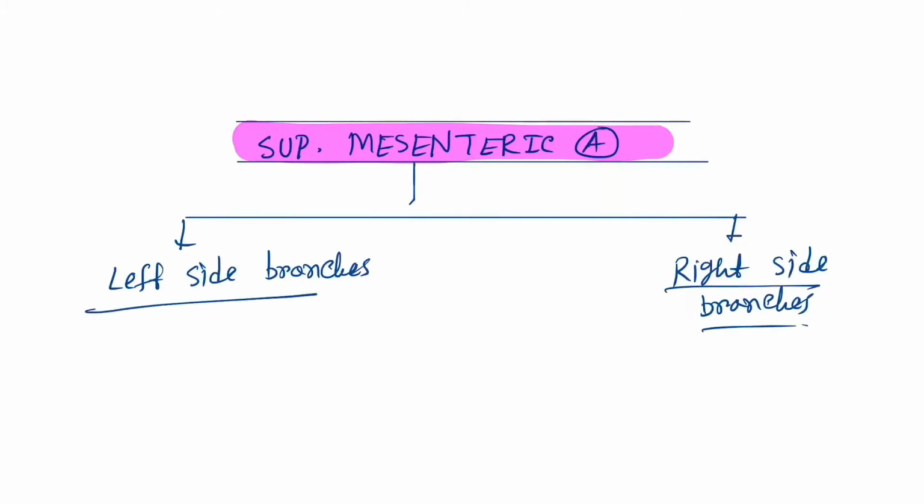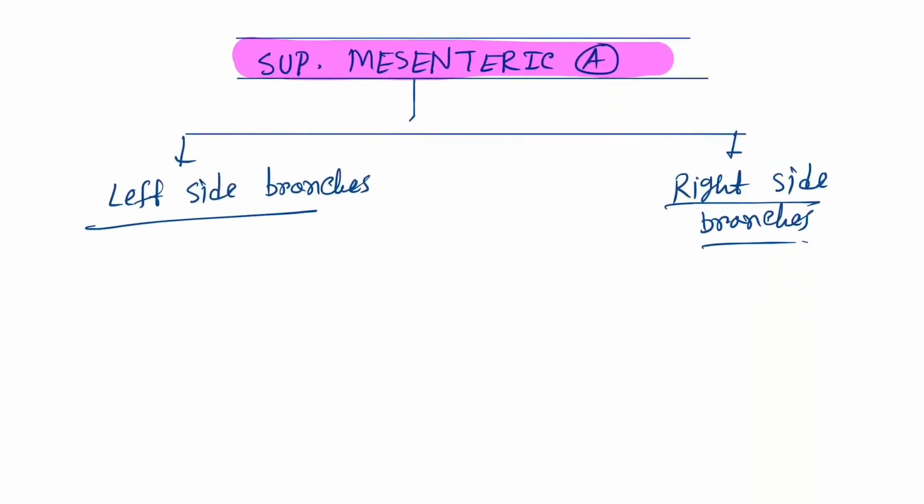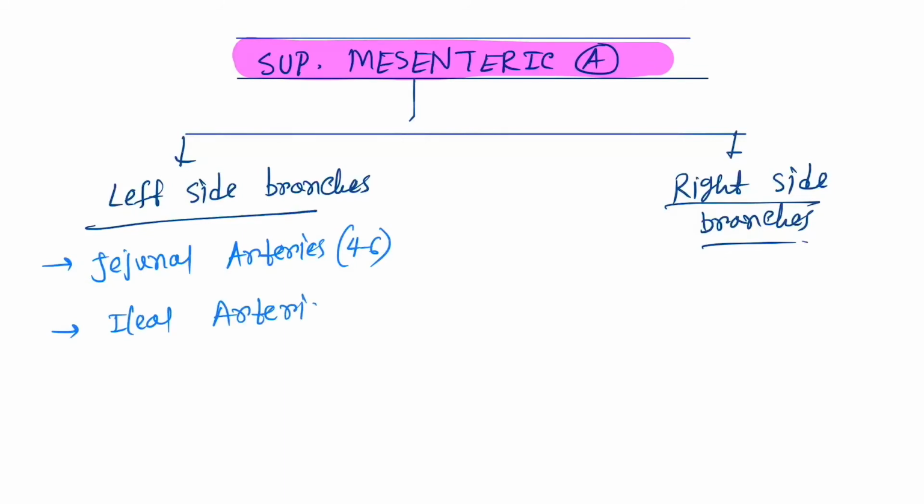Okay, left side branches, these are jejunal arteries 4 to 6 and ileal arteries 5 to 12.